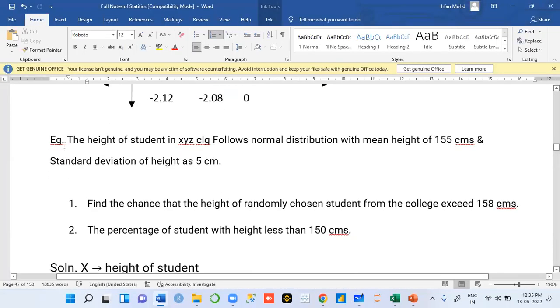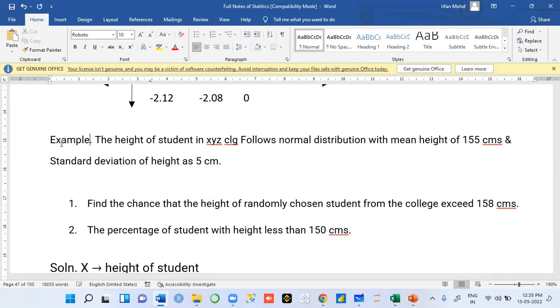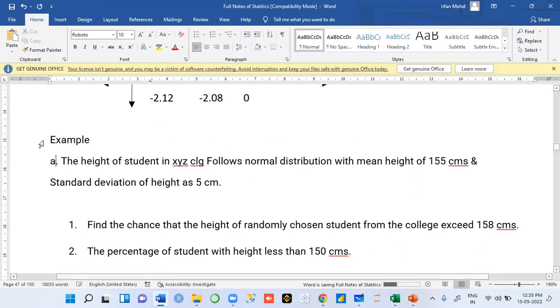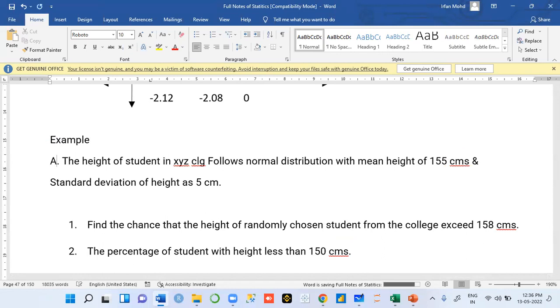Write this example, guys. Sir, this is next question. Yes. Write faster.